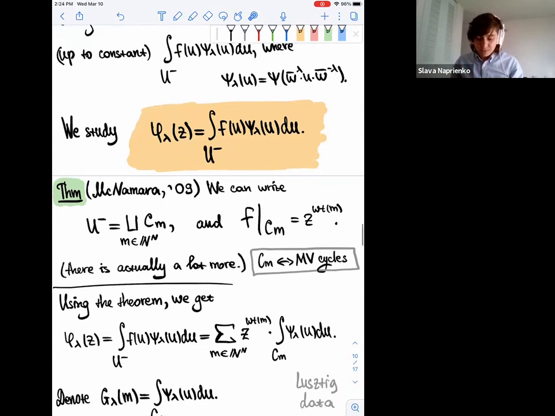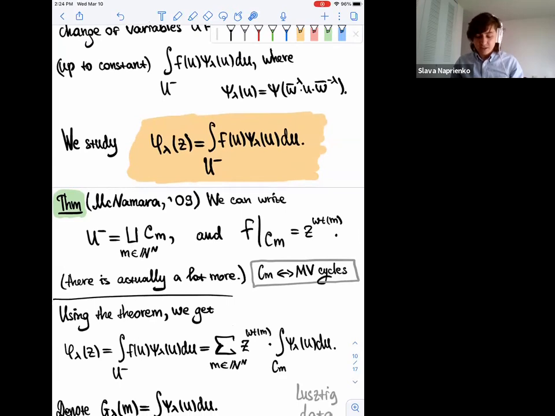And so what the theorem states is that you can decompose the unipotent radical, the opposite U minus, into certain pieces. Okay? My function f is constant on each of these pieces. And moreover, this decomposition into pieces is geometric in heart.